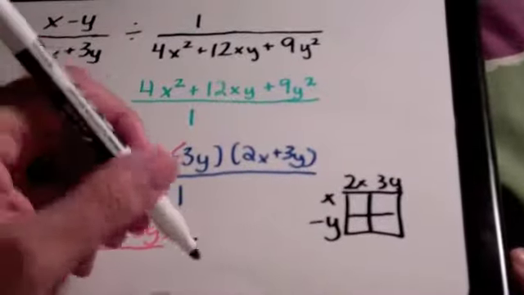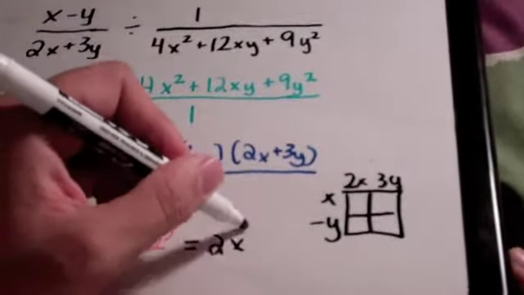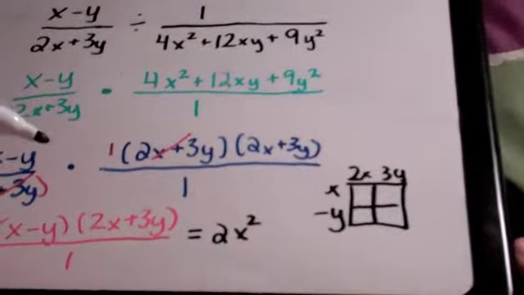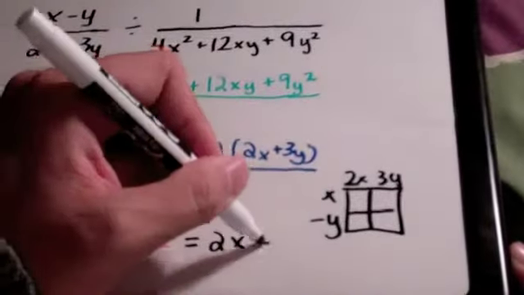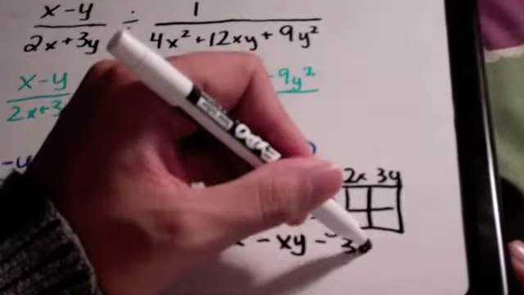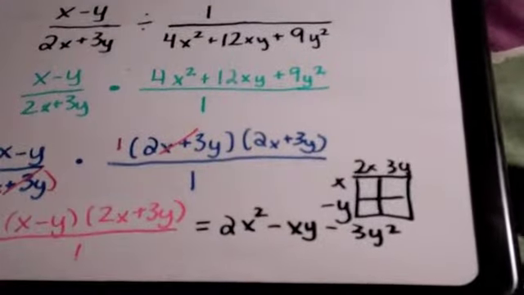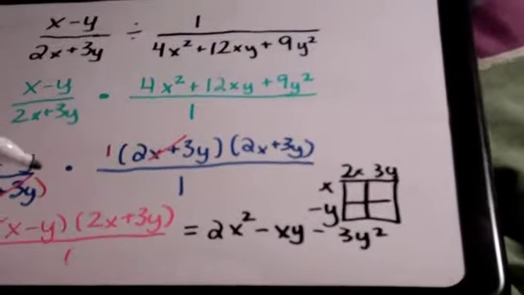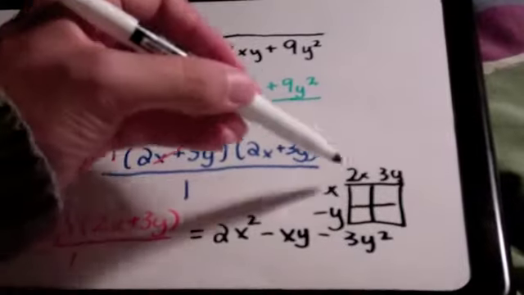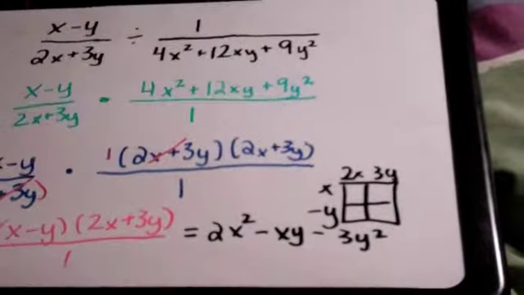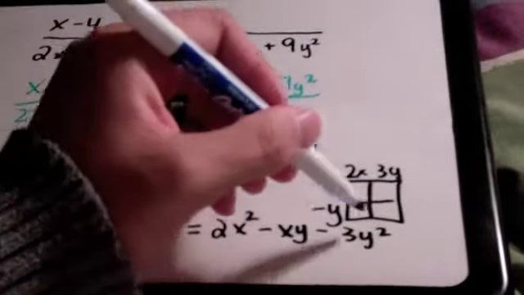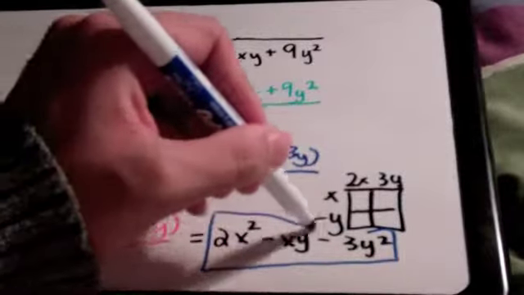So this is going to be 2x squared minus xy minus 3y squared when you're all done with it. And that's just distributing this out, which you can either use the FOIL method or you can use the Punnett square method. But this will be your final answer. 2x squared minus xy minus 3y squared.